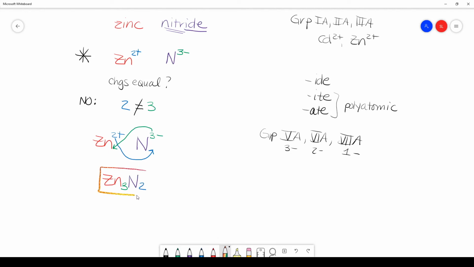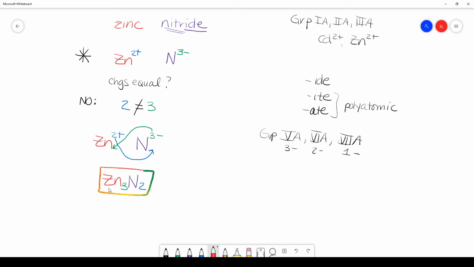The reason this works by swapping the values and making them the opposite subscripts is because the sum of the charges has to equal 0. And we've learned this previously, but it's the same principle. So if I show you how this math works out, you don't have to check it every time.